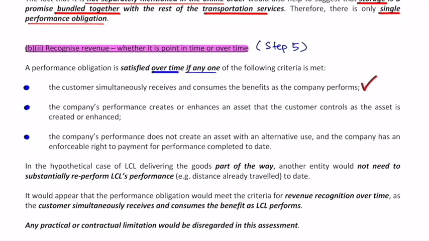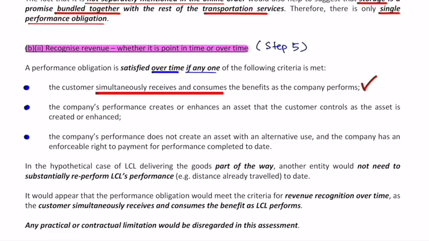We should apply the first one, for providing transport services. For example, you need to deliver the goods to another location, assuming it's 50 km. After 20 km, in theory the customer has already consumed the service for the 20 km. If there's a need, the customer may get another party to deliver the goods for the remaining 30 km.